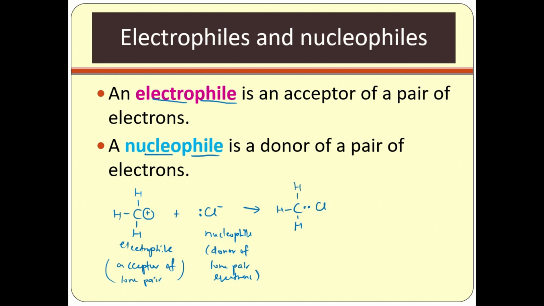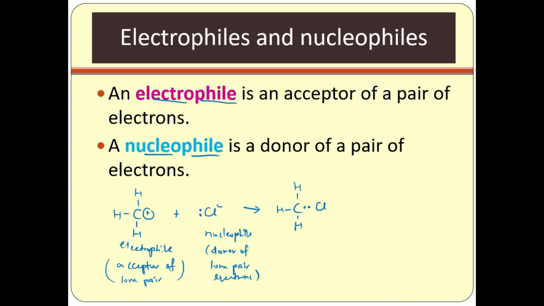So what is in the nucleus? Protons are in the nucleus. So for an electrophile, because the positive carbon doesn't achieve a stable electronic configuration, it likes to accept a pair of electrons. So it is an electrophile.